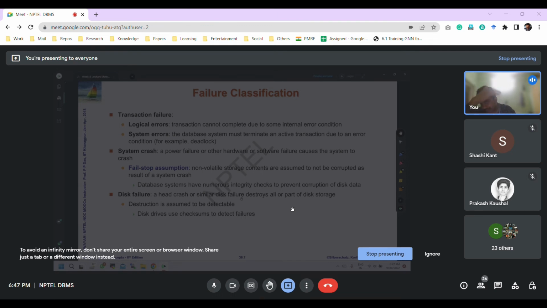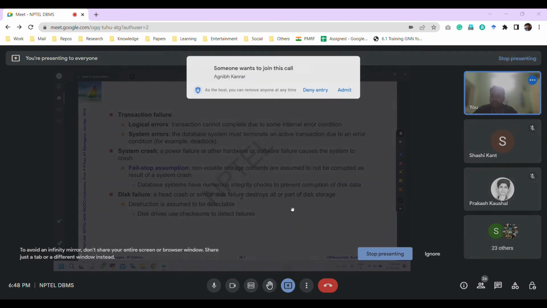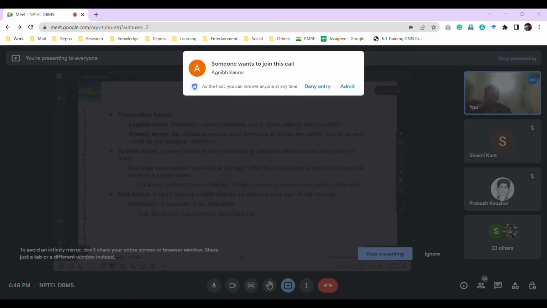Then there is system crash, meaning if there is a power failure or hardware or software failure, the system crashes. Then there is the fail-stop assumption: anything in non-volatile storage is permanently stored and should not get affected. Then there is disk failure, where we use checksums.